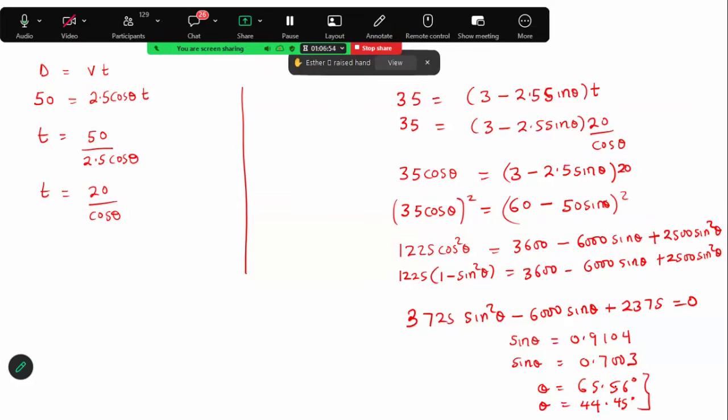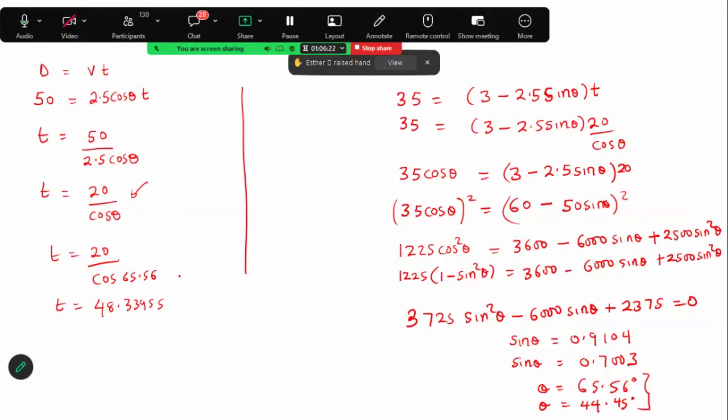Now, after steering the boat, you ask yourself, which one will give me the quickest time possible? For the quickest time possible, you come back here and substitute. When you put in, let me say, 20 over cos of 65.56, you'll find yourself getting about 48.3395 seconds.